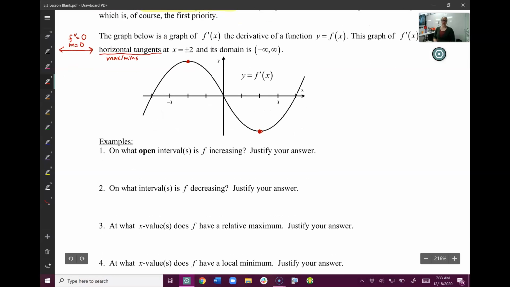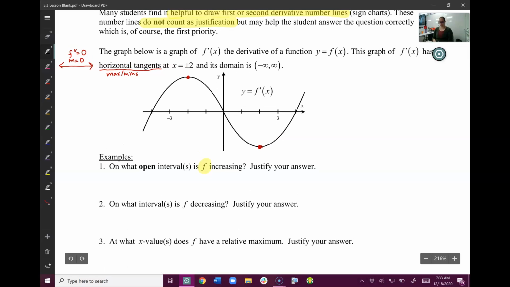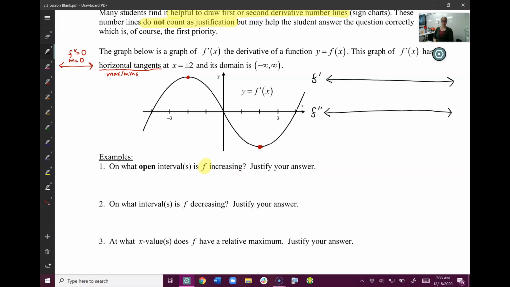So let's start to analyze this. Question 1: On what open intervals is f increasing? So let's start with our number lines that we got so good at in the last couple sections, labeling them. First off, the f prime number line.